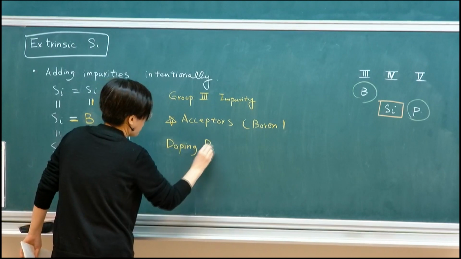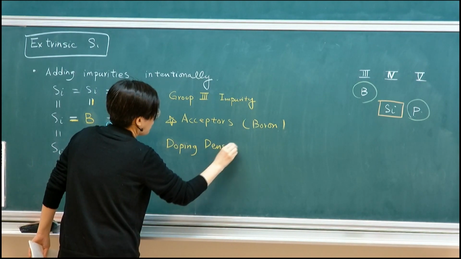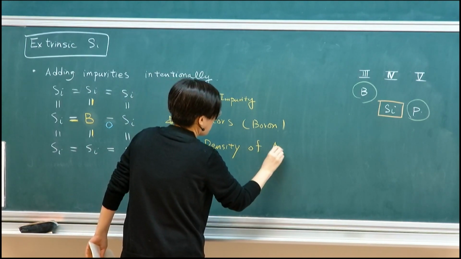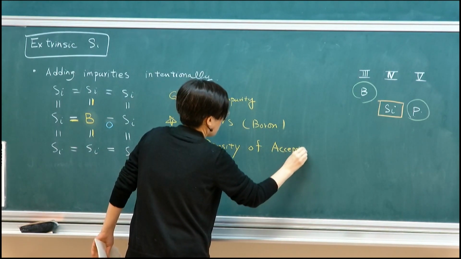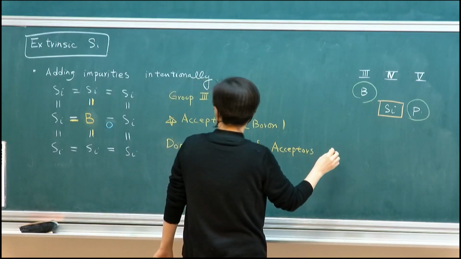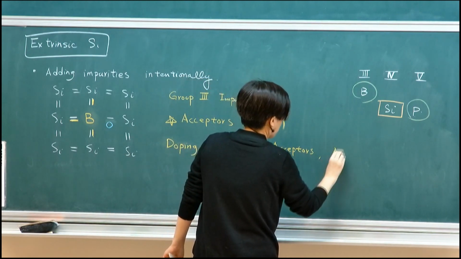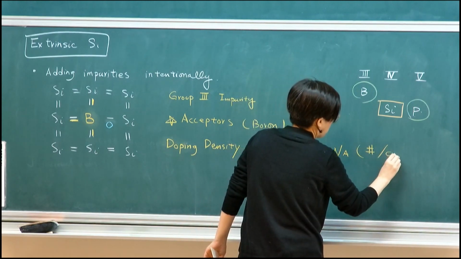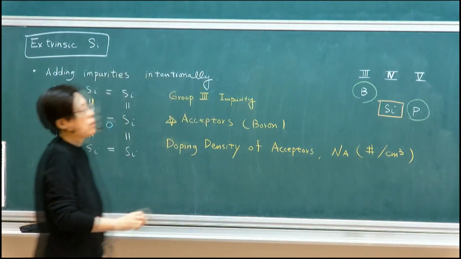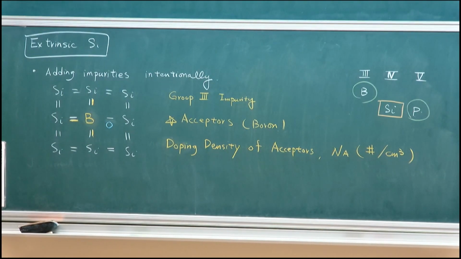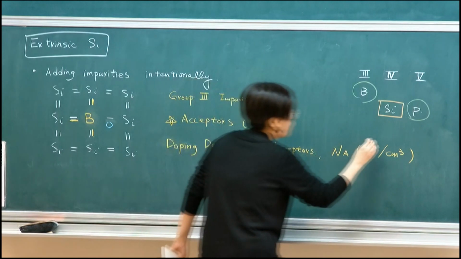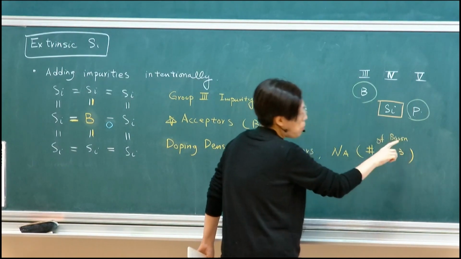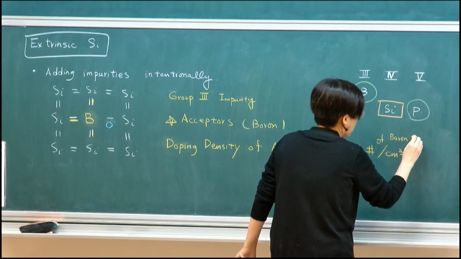We call it the doping density. How many of these you put into the system is called the doping density of acceptors, or I'll call it Na. So there will be a number of acceptors per centimeter cubed. Not necessarily boron, but boron is the most common one.